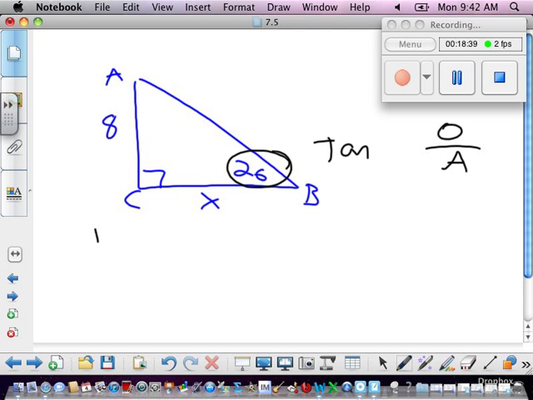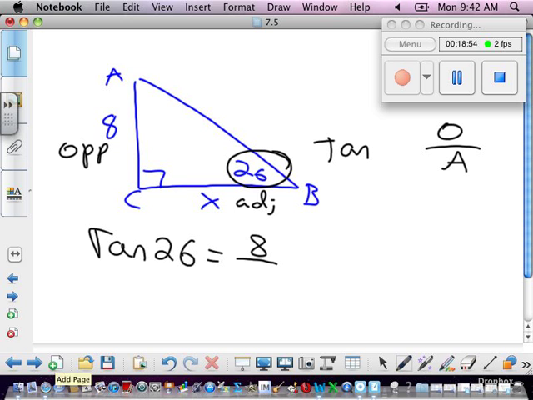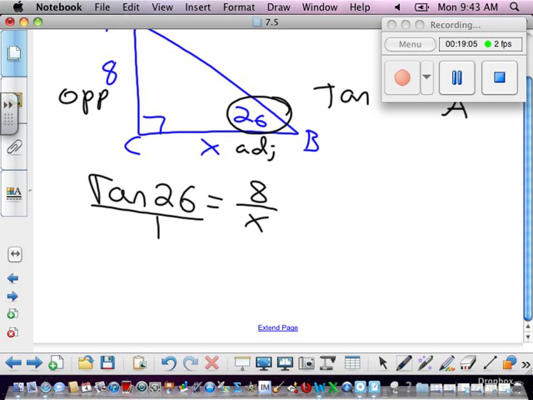So here's 26. So I put tan 26 equals, what is opposite 26? 8. And what's adjacent? Opposite over adjacent. We're going to think of this as cross multiplying. Okay? So let's cross multiply.